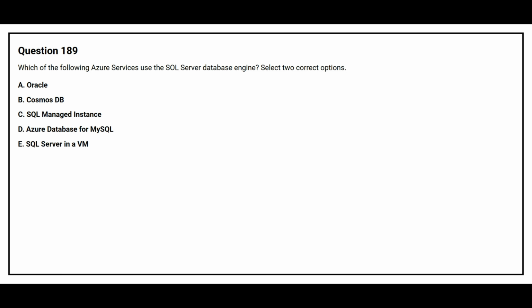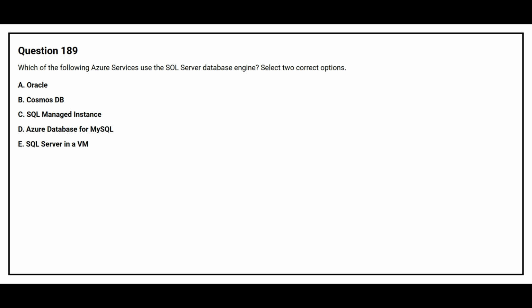Question number 189. Which of the following Azure services use the SQL Server database engine? Select two correct options. Option A, Oracle. Option B, Cosmos DB. Option C, SQL Managed Instance.